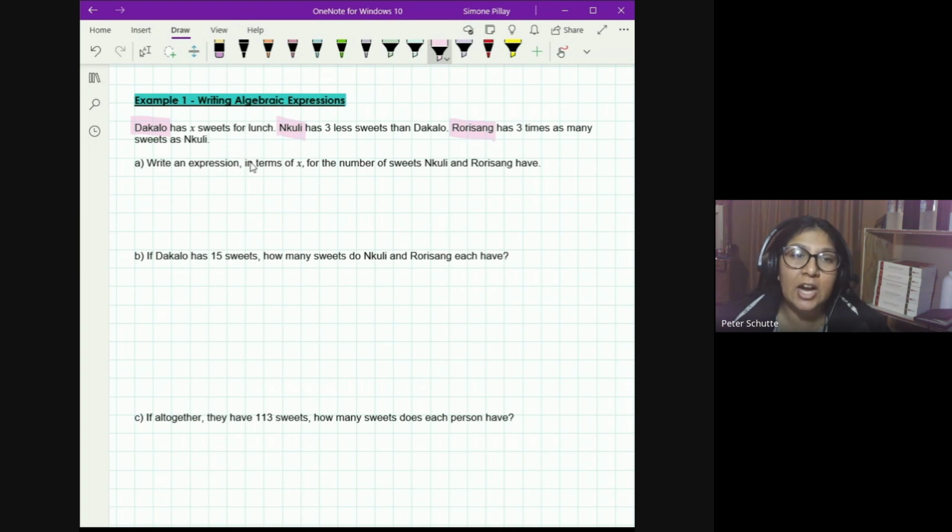A is write an expression in terms of X. Whenever you see something that says in terms of X, we're just asking you to write the expression with X inside of it. So it must include X in your answer. Write an expression including X for the number of sweets Nkuli and Rory Sang have. Do you guys have any idea how I would do that?